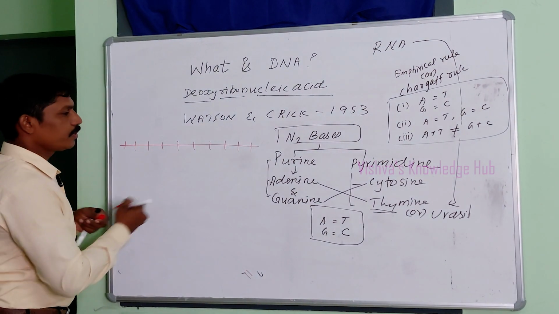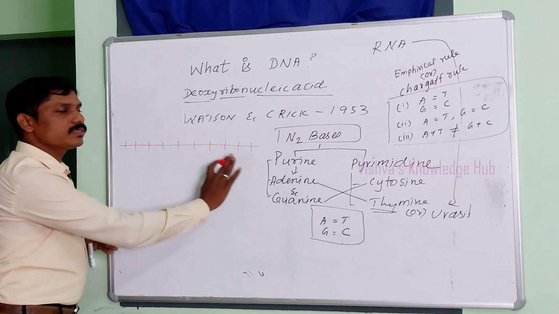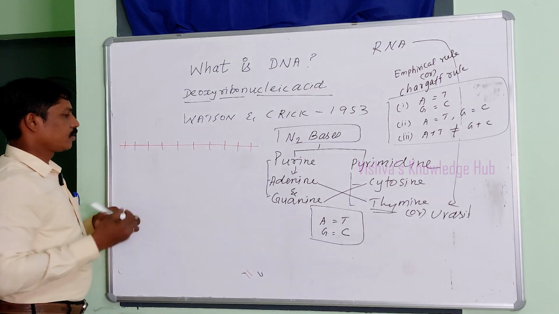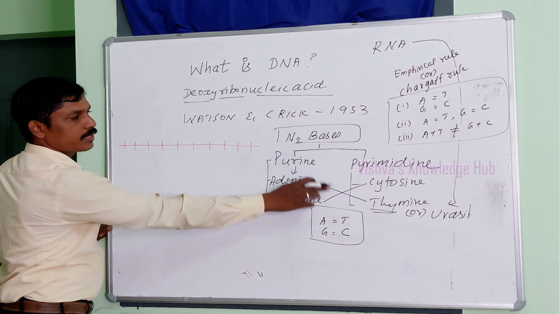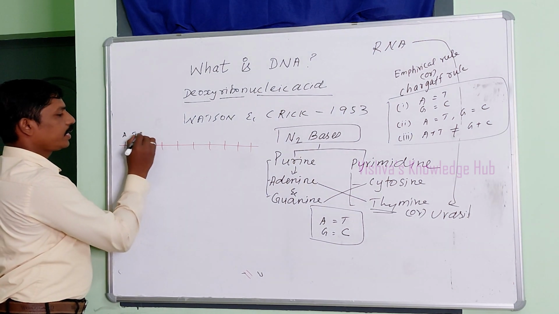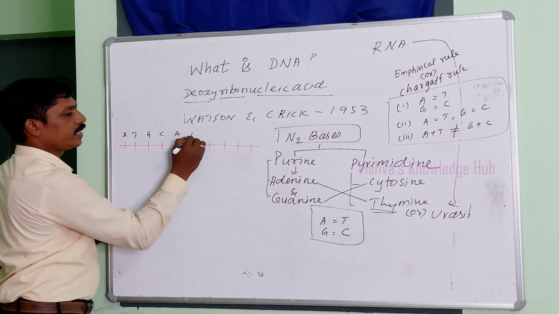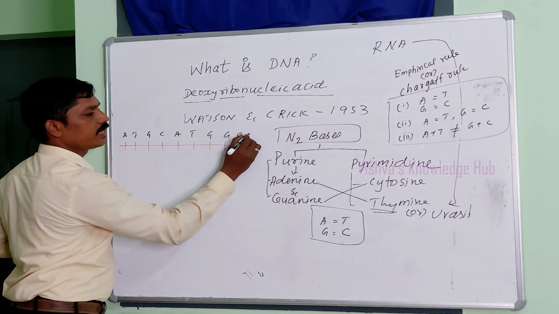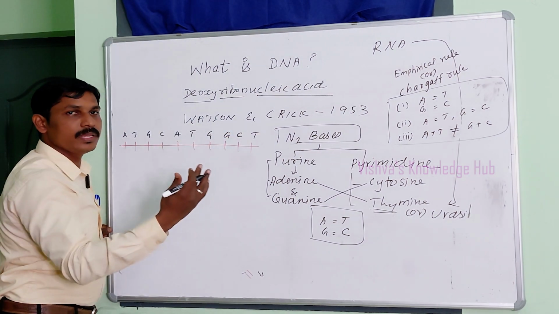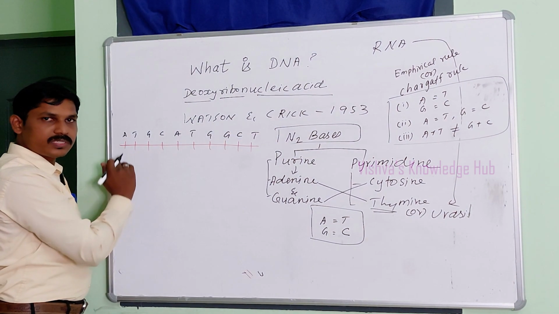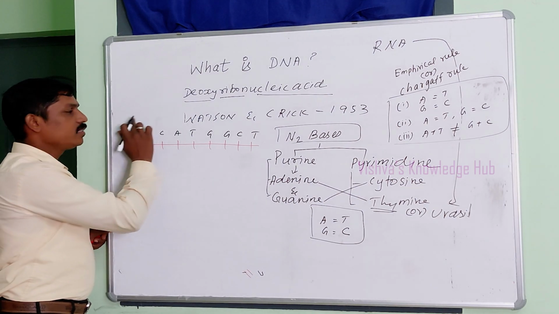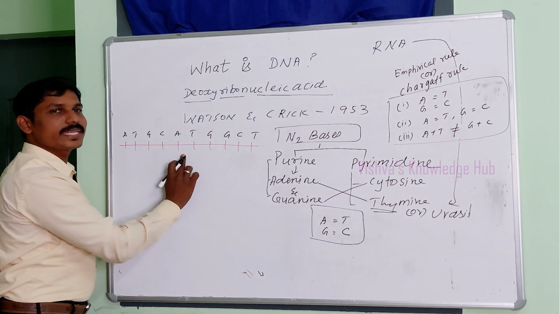Okay, for example, if we know a parent's sequence, we know very well what the nitrogen bases are. For example, adenine, thymine, guanine, cytosine, adenine, thymine, guanine, cytosine, thymine. The sequence may vary. What is opposite to this is the complementary, and this one is the template.